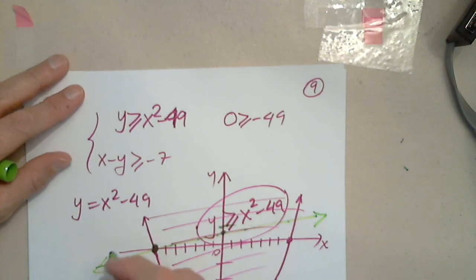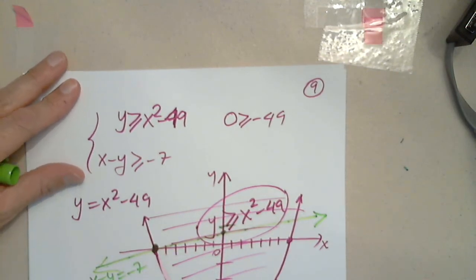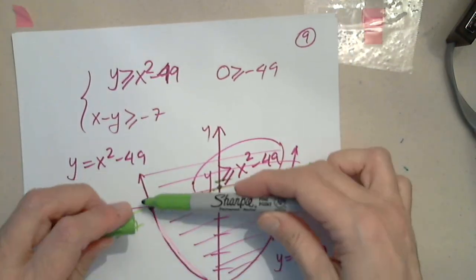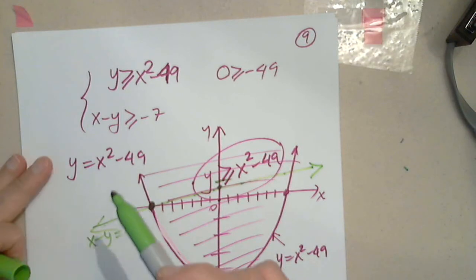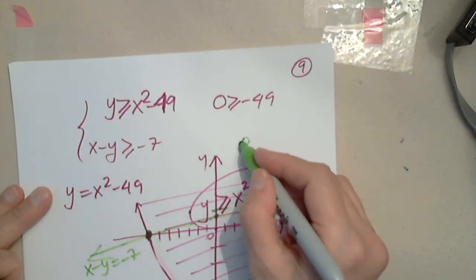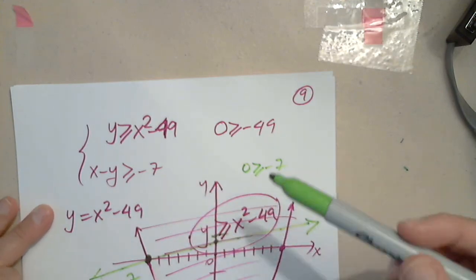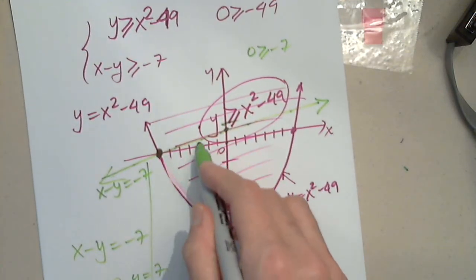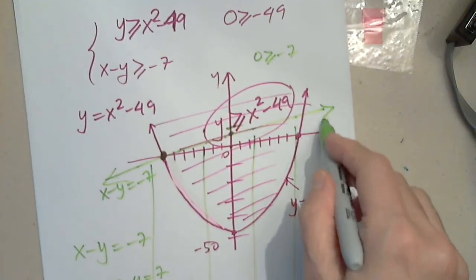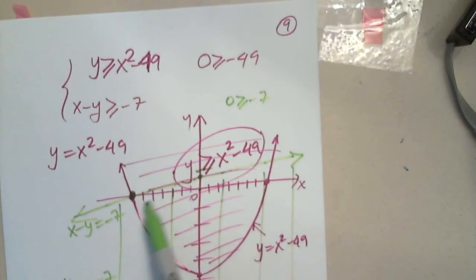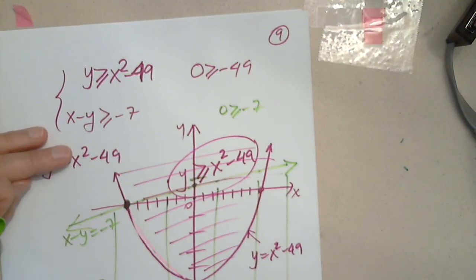I write on the line or below the line x minus y equals negative 7. I use the origin, which is the lower territory: 0 greater than or equal to negative 7. Yes, that's also true. So then I will shade in this. And all the green territory, including points on the line, represent solutions to this.